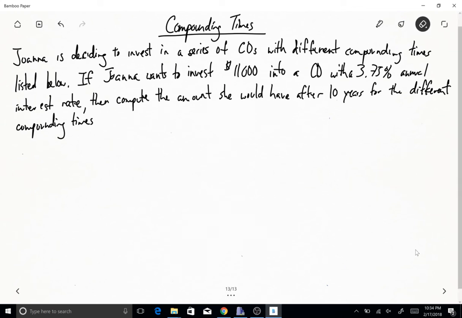Rather than a series of CDs, Joanna wants to invest in a CD.